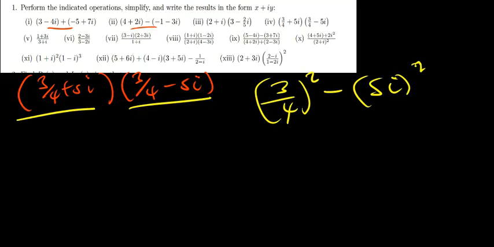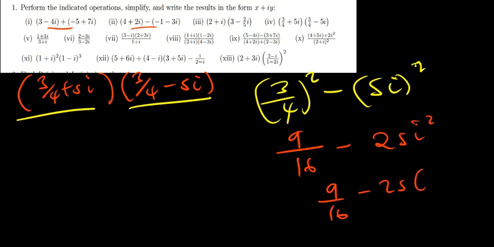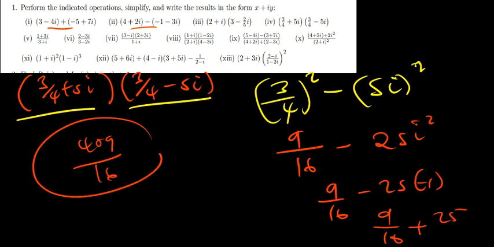So in this case, 3 times 3 is 9, 4 times 4 is 16, minus 5 is going to be 25i squared. i squared is going to be replaced with negative 1. Again, I'll end up having 25, which is the same as 409 divided by 16. You see, it's the same thing.